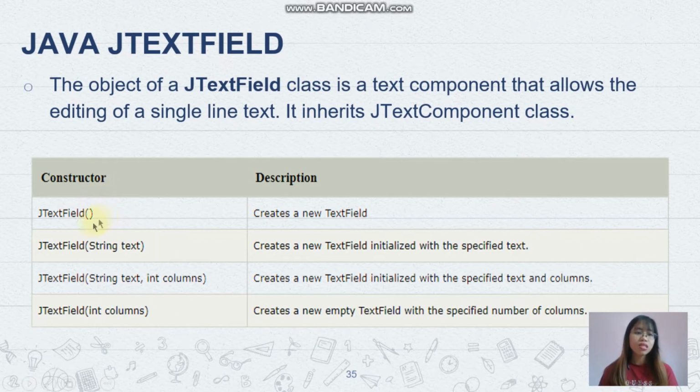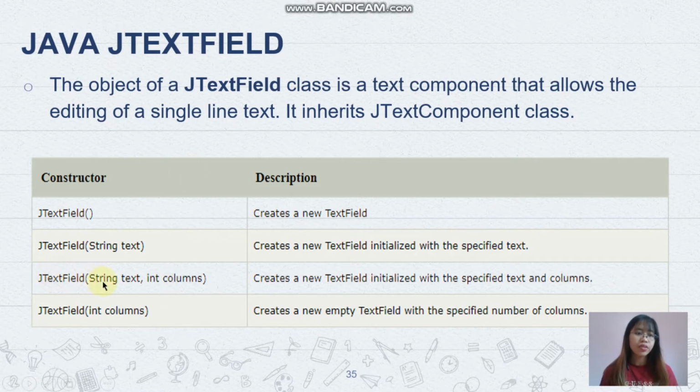So, these are the constructors na pwede niyong gamitin in a text field. So the first is JTextField. It creates a new text field with blank text, meaning wala siyang sulat. Wala nakalagay na text. So we have JTextField na merong string, that means nag-initialize ka na agad ng specified text. So pag nirun mo, automatic may laman na siya agad.